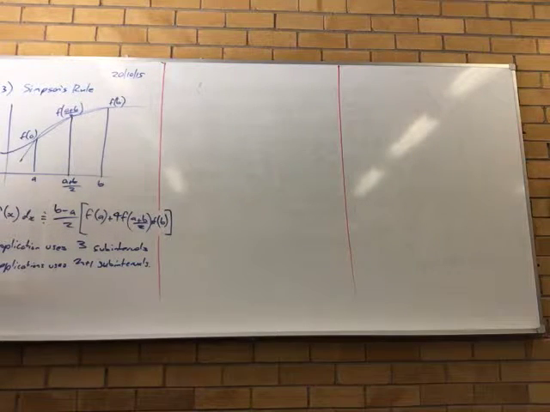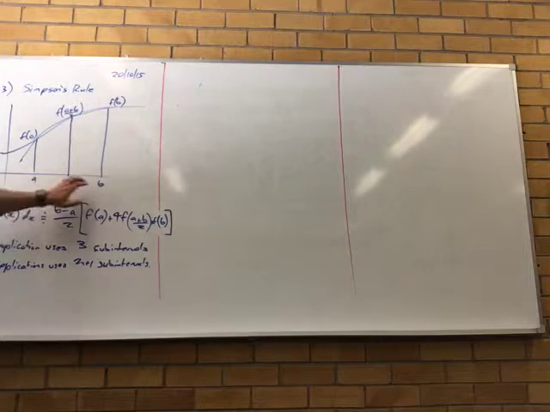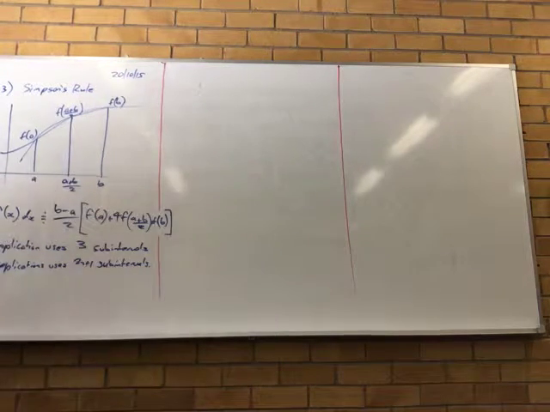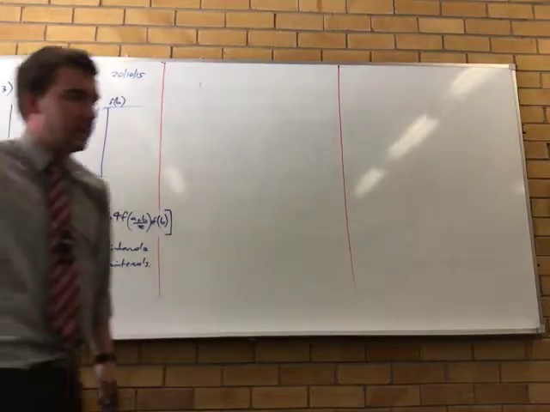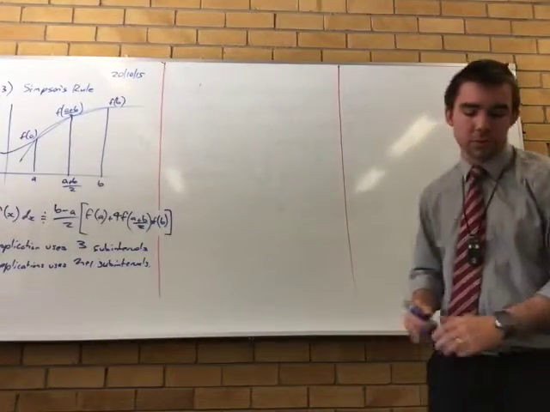So 2 applications: 2 times 2, which is 4, plus 1, you need 5 functional values: 1, 2, 3, 4, 5. So you only need 2 for one application of the trapezoidal rule, and you need 3 for one application of Simpson's rule.